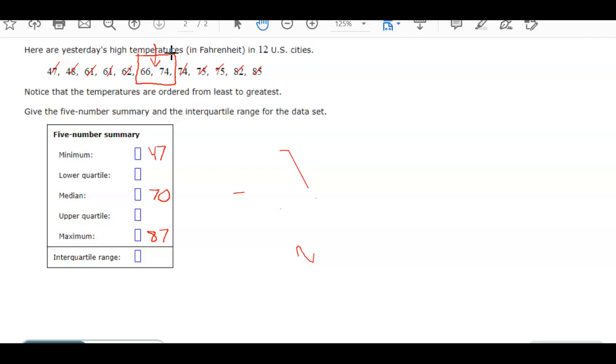Okay. Now let's go ahead and do the lower quartile and the upper quartile. If it's okay with you guys, I'm going to go ahead and erase the screen just to make this a little bit more clear for you. So I'll erase the screen, and then we're going to do the lower quartile. Let's recall before we do the lower quartile that our median was right there.